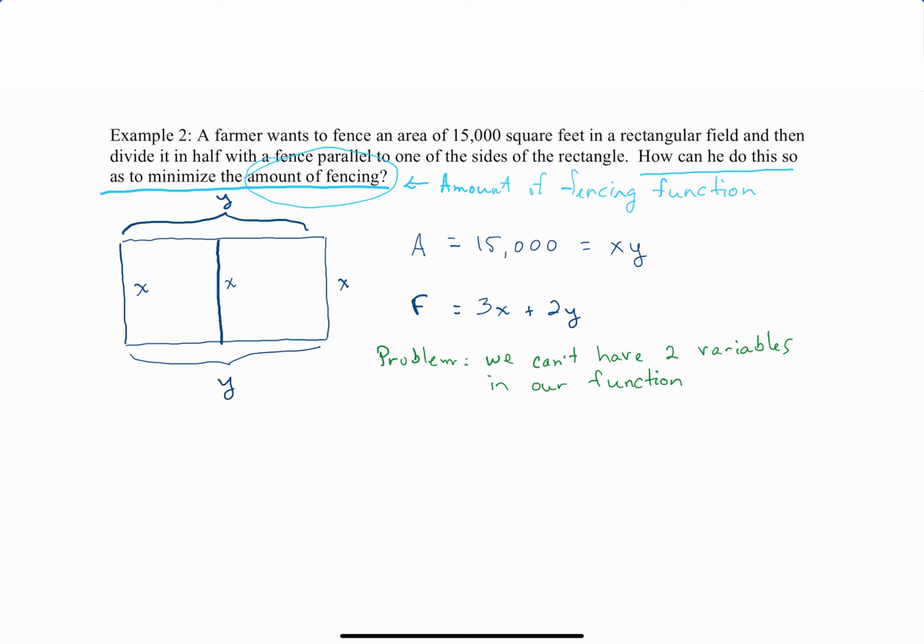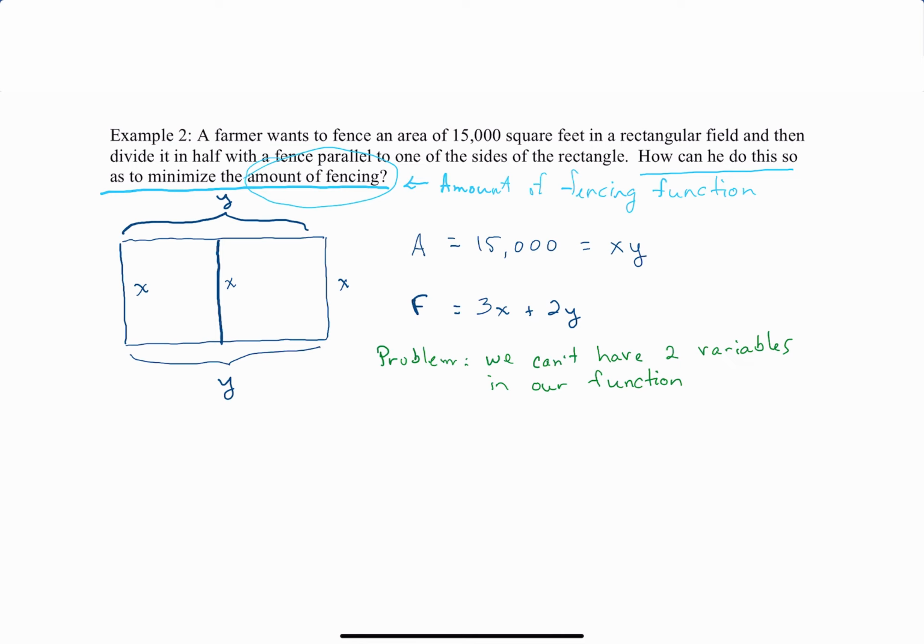Because all our differentiation rules only apply to one variable, all our optimization stuff applies to just one variable, so we need to have just one variable in our function. Fortunately, this extra bit of information that we haven't really done much with yet, that allows us to express one variable in terms of the other.